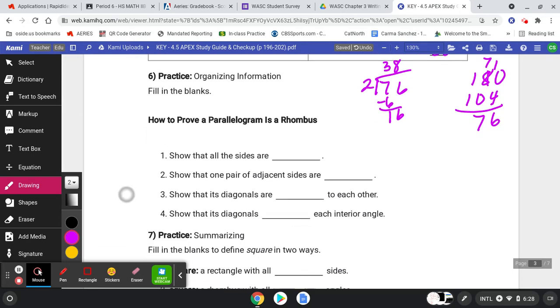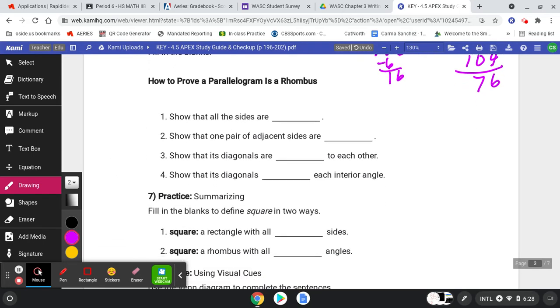Again, how could we prove that a parallelogram is a rhombus? We could show that all sides are congruent. That's the number 1. We could show that one pair of adjacent sides are congruent. So that's enough. Put a little star next to this. It's probably going to be on apex. Show that its diagonals are perpendicular to each other.